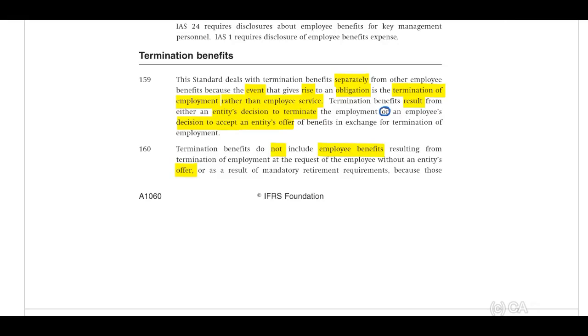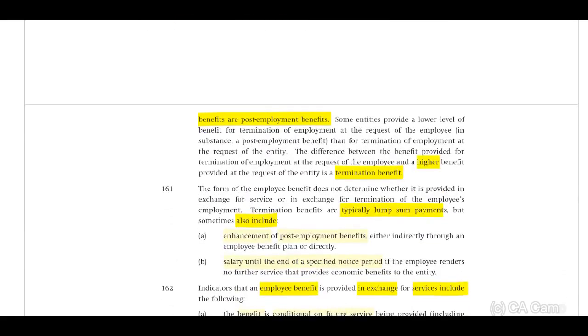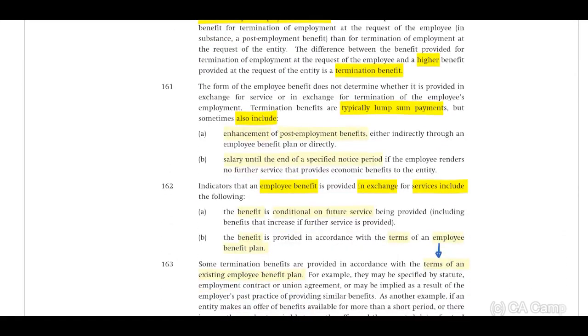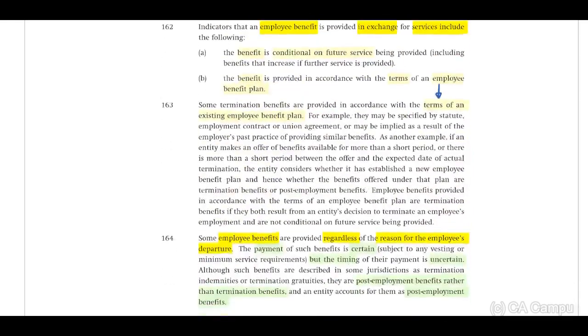Okay, so I'm briefly going to look at this again, but not in detail. We don't have time. Remember, it indicates to us how to account for our termination benefits and what is termination benefits. Remember, termination benefits, there will be no work performed by the employee. Okay, therefore we need to identify that this will be specifically a lump sum payment to our employees, and this will not be in exchange for any services.